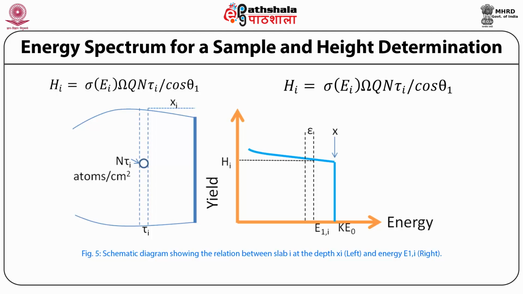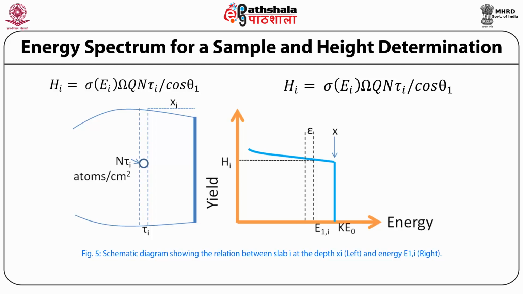The total number of particles detected in channel I, Hi, is equal to sigma, which is a function of Ei, omega q n tau I divided by cos theta 1.